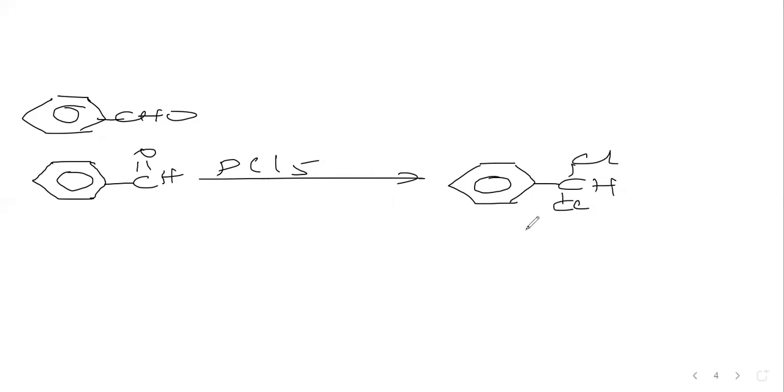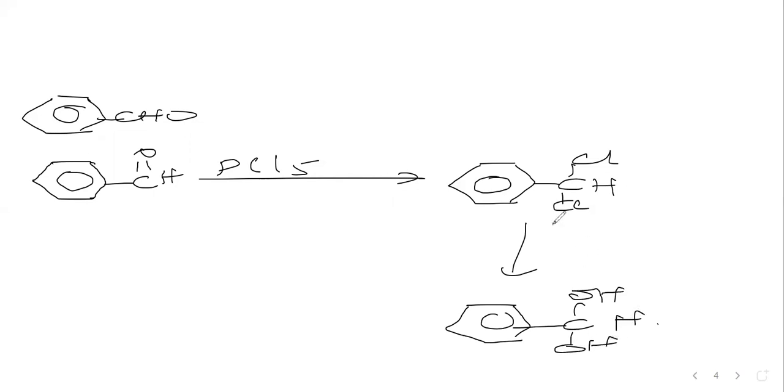And if you want, you can go ahead and convert it to a diol by using sodium hydroxide solution and heat. Sodium hydroxide aqueous, heat will give you that compound.